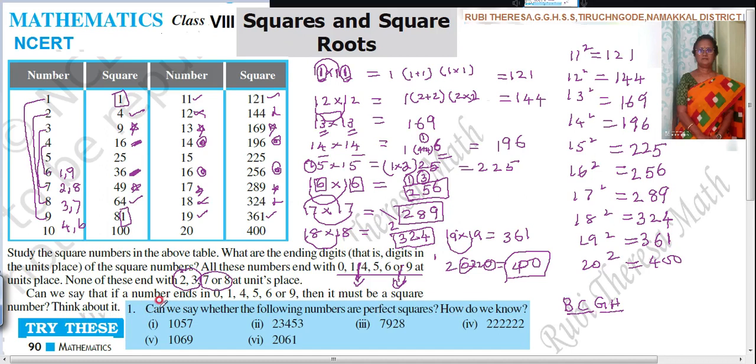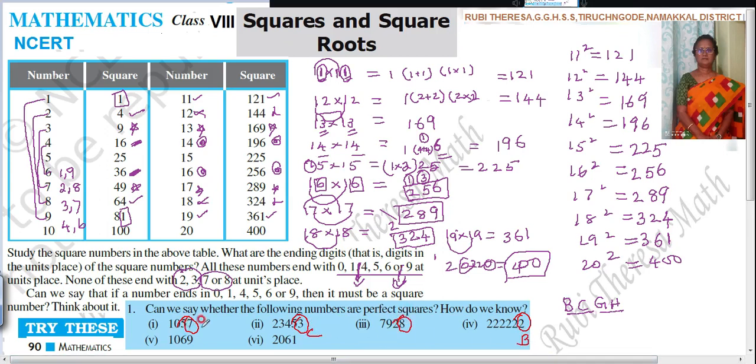Try this. Can we say whether the following numbers are perfect squares? How do we know? We know very well, isn't it? I told you, no? Let me choose the numbers. Ending with 2, it is not a perfect square. 3, it is not a perfect square. 7, it is not a perfect square. 8, it is not a perfect square.